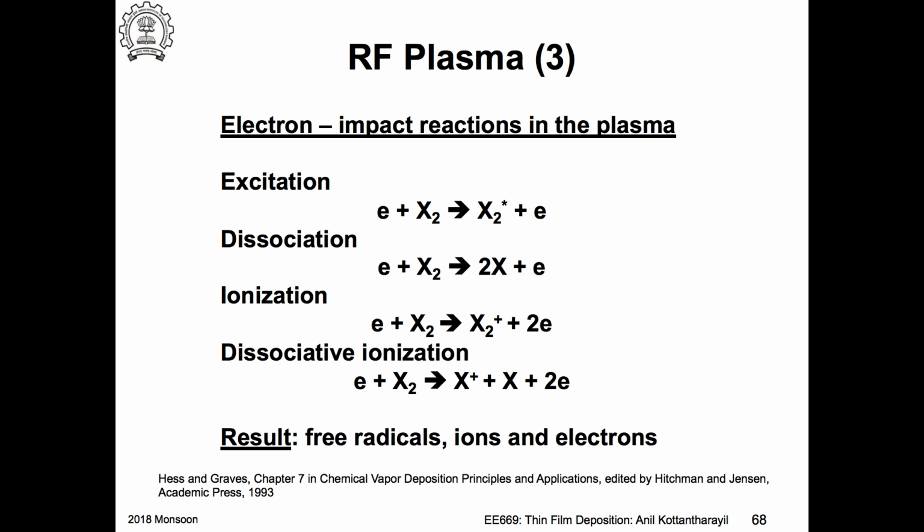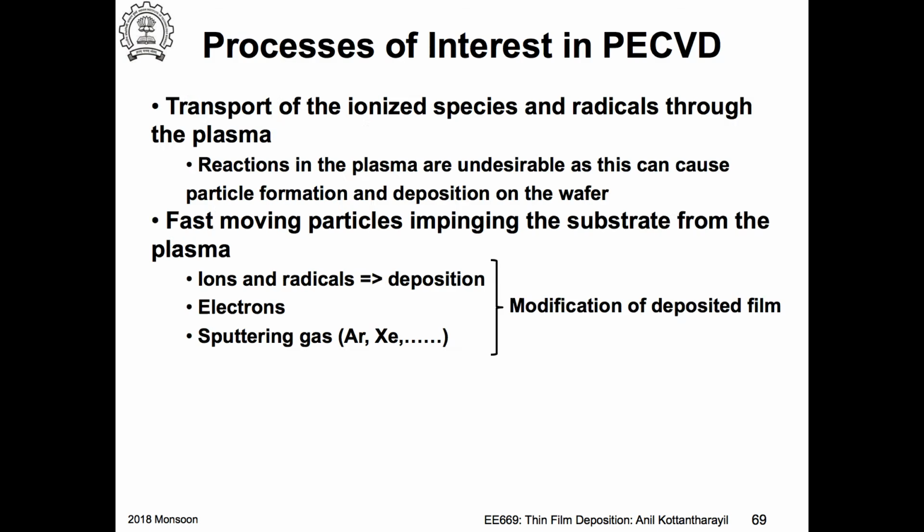Only thing is that this has to be seen in the context of deposition. The sputtering, we were discussing in the context of etching. You are using ions for etching, but here we are talking about deposition. So you can see the transport of the ionized species and radicals through the plasma, and reactions in the plasma.